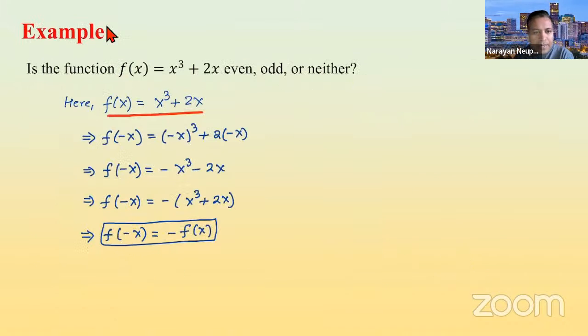So the function given here, x cubed plus 2x, is the odd function. Please write it down: f of x equal to x cubed plus 2x is an odd function.